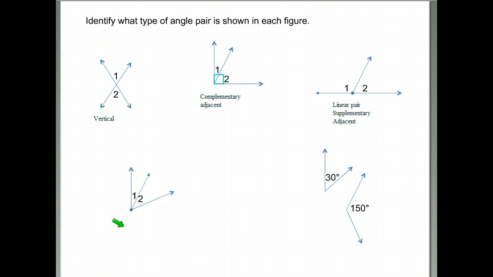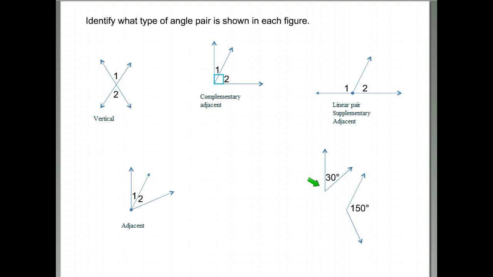They are adjacent, yes. Are they anything besides adjacent? Or are they just adjacent? Okay, they are only adjacent. They don't have any other characteristics.